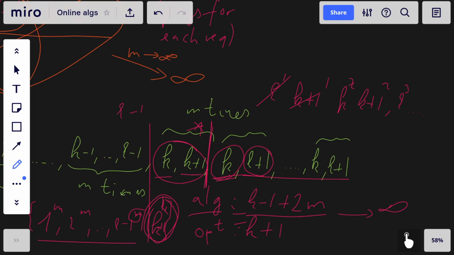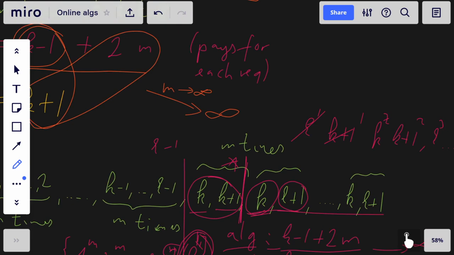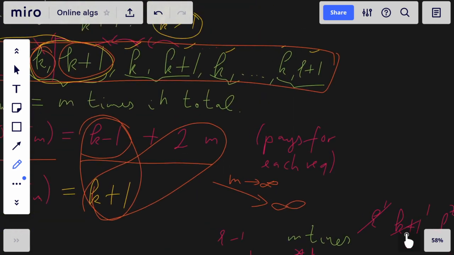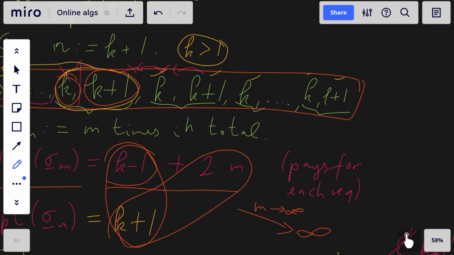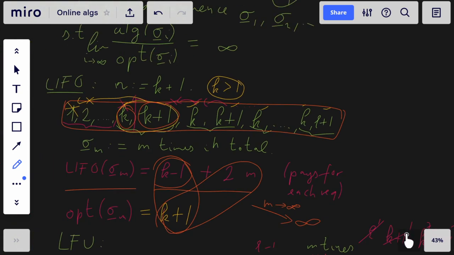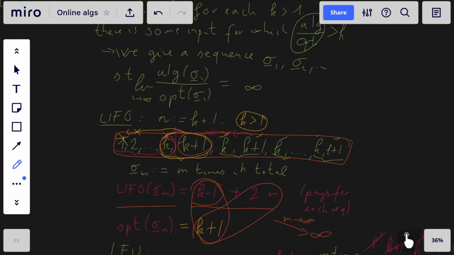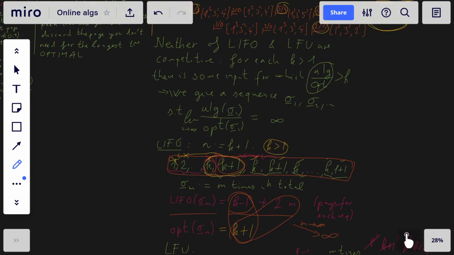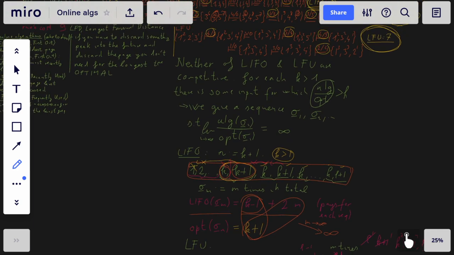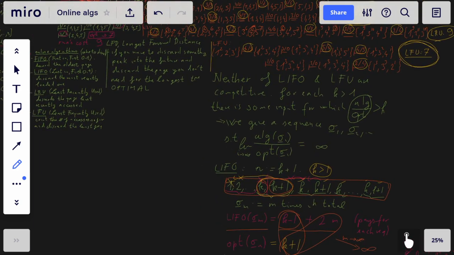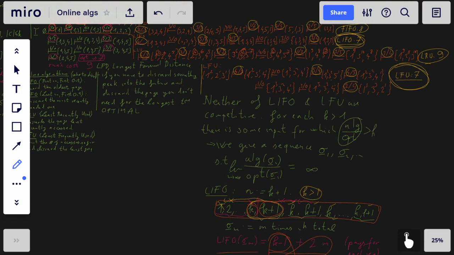So basically this means that these two algorithms behave well on that particular input which we've seen, but they are not competitive in general, which might be surprising, but it's easy to construct a bad enough input for such an algorithm. It's almost always possible. So neither LIFO nor LFU are competitive.